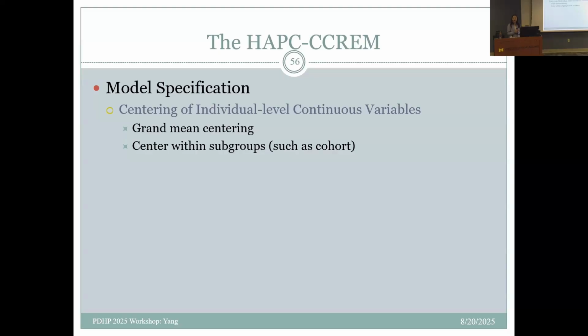It may not vary by context, such as cohorts, so we do the grand mean centering. This is often the case, usually a default for hierarchical linear model estimates anyway. Other continuous variables, if they're included, should also be centered for ease of interpretation of the intercept.